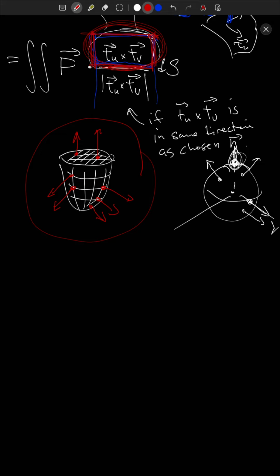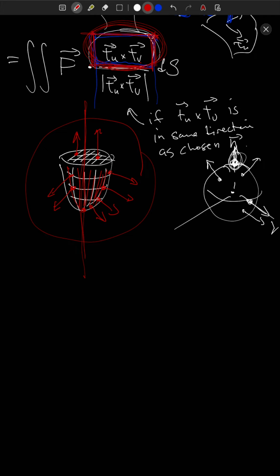So again, in this situation, you would calculate T_u cross T_v for the paraboloid portion of your parameterization, and then you would check, is it pointing away from the origin or away from the z-axis, right? Or alternatively, if you recognize it's always pointing downwards, check if it has a negative k coordinate. Every problem is going to be different in this situation, all right? So be very careful here.